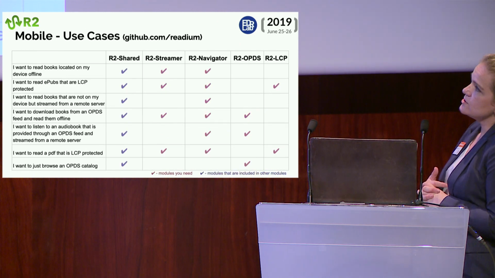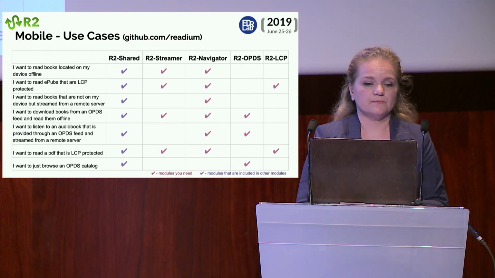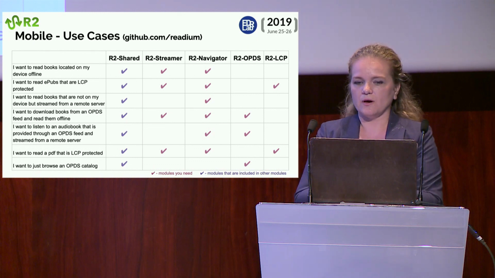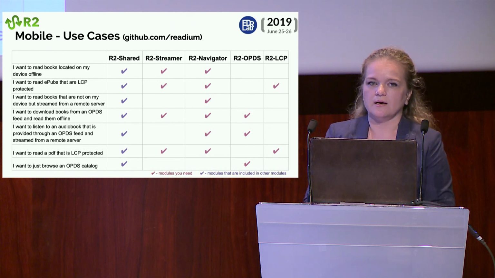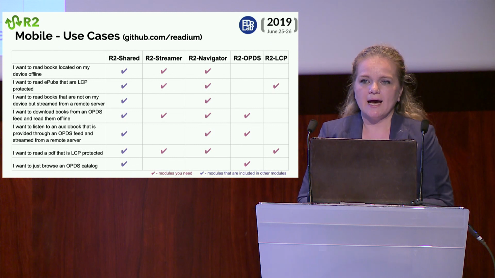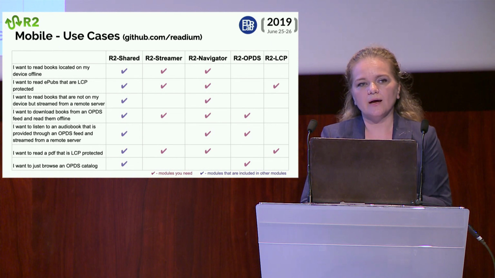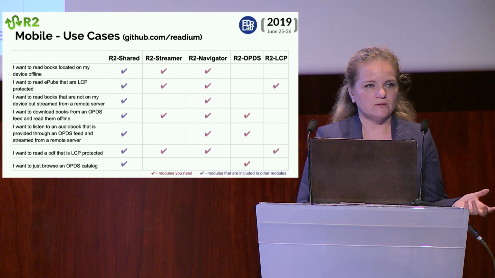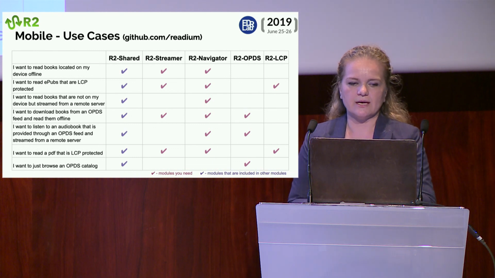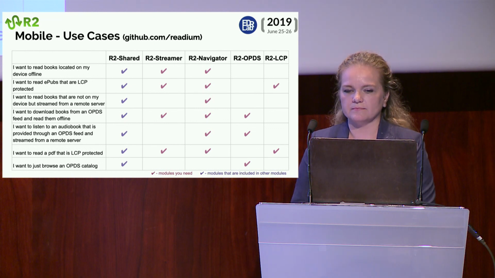Now, what I want to show is some use cases. I've talked about all the different modules and which features have been completed, but how do I know what module I need to integrate into my own app based on what I'm trying to do? So let's take the first one. I want to read books located on my device offline.